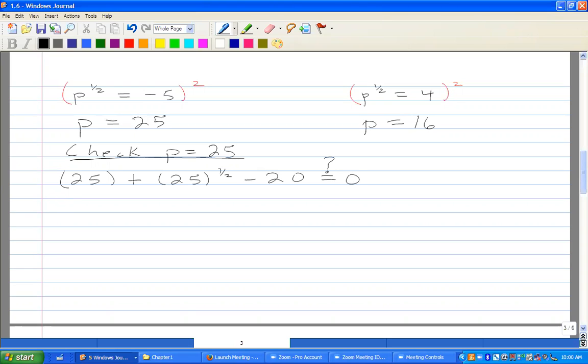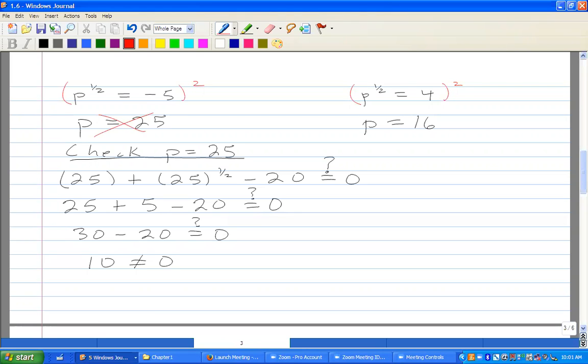Is 25 plus the square root of 25, which is 5, minus 20 equal to 0? Is 30 minus 20 equal to 0? No, 10 is not equal to 0. So that means that this is an extraneous solution. So I'll get rid of it.